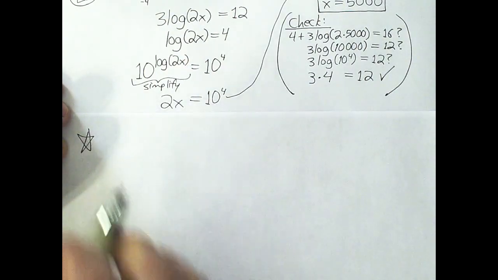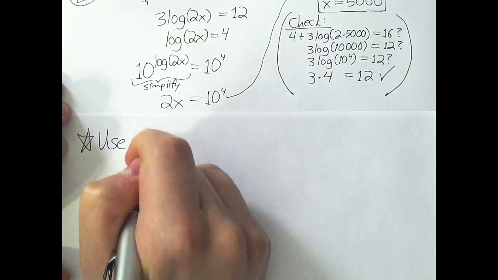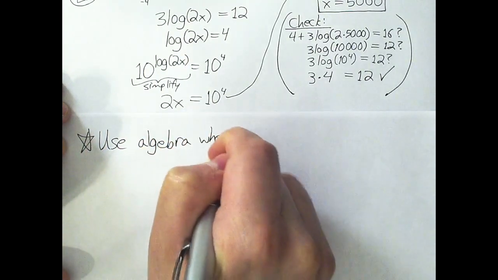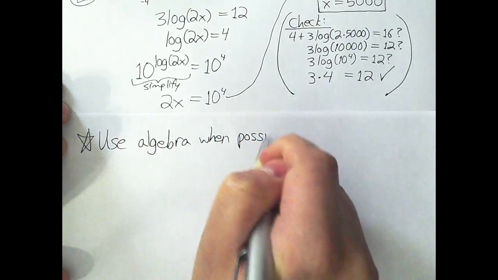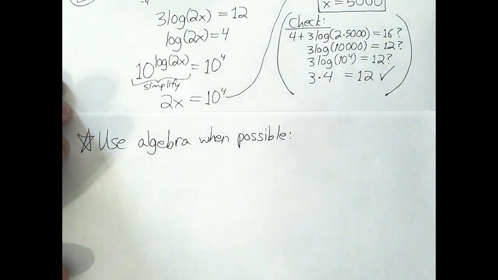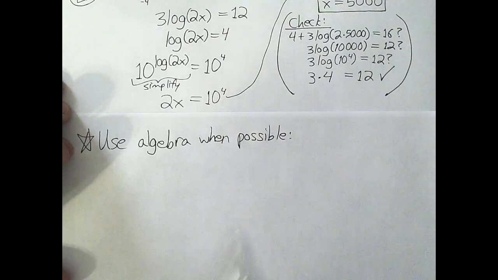What did we say next? We said use algebra when possible. I'm hoping that you think of exponentials and logarithms as kind of two different sides of the same coin. They're inverses of each other. So some of the things we say about one of them, we can also say about the other.